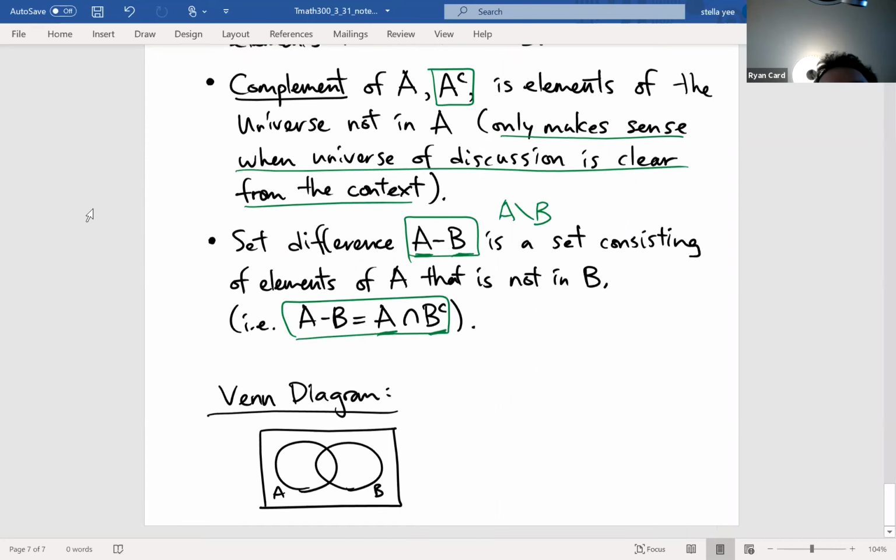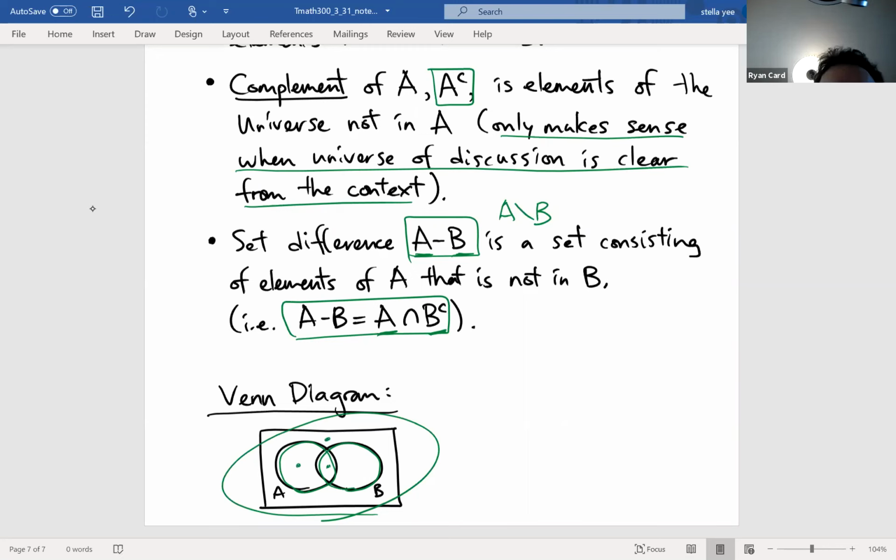And I'm a visual person, so when you want to brainstorm how to prove things when you're talking about sets, one way to visualize it is what's called a Venn diagram. So you could think of A and B and elements being inside of A, inside of this circle. And you could talk about things that are in both A and B. You could talk about things that are in A and not in B, and things that are outside of both A and B, and so on.